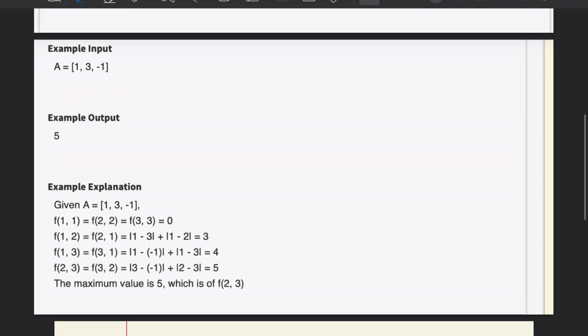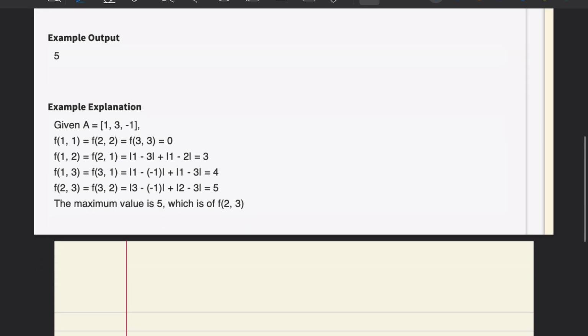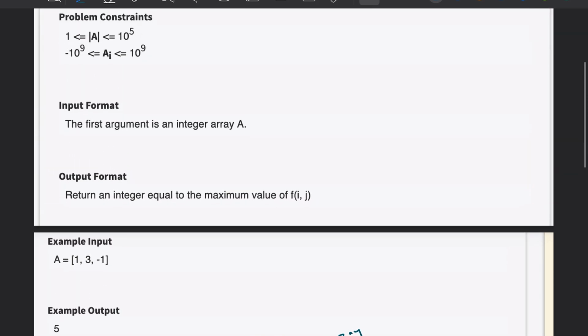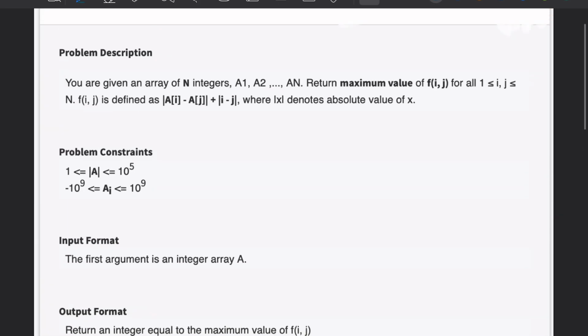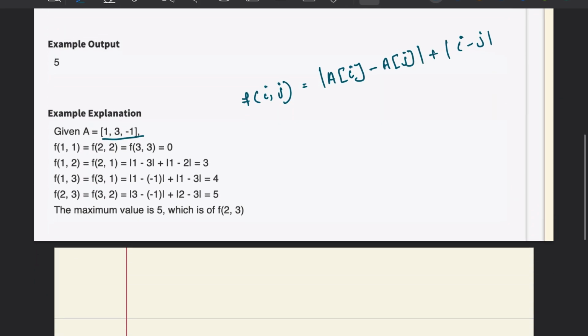So here, given 1, 3 and minus 1, we need to find f(i,j). Let's write the expression once: absolute a[i] minus a[j] plus absolute i minus j, right? So we need to find it for each i and j.